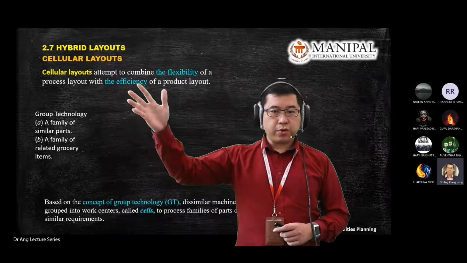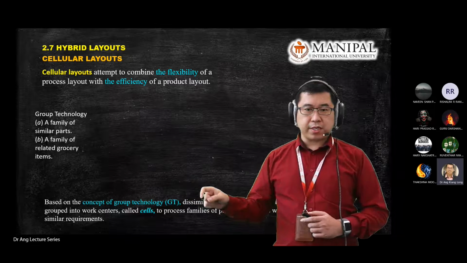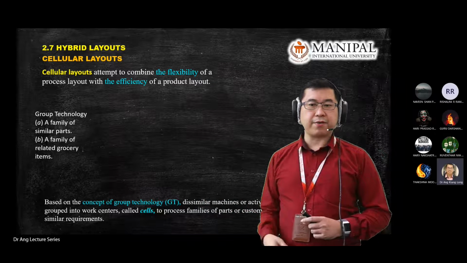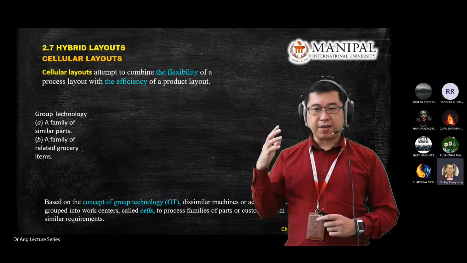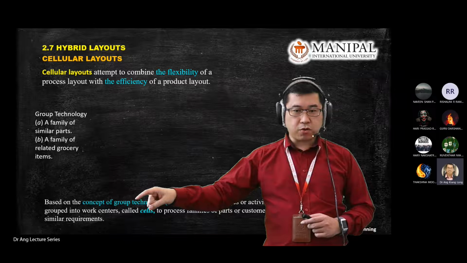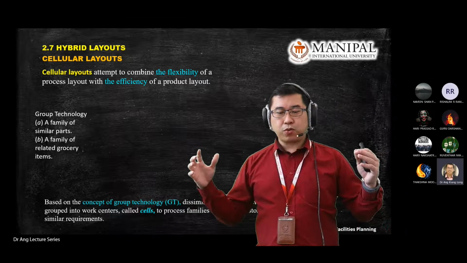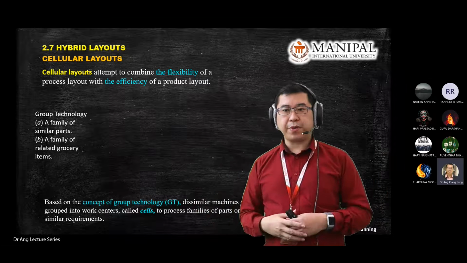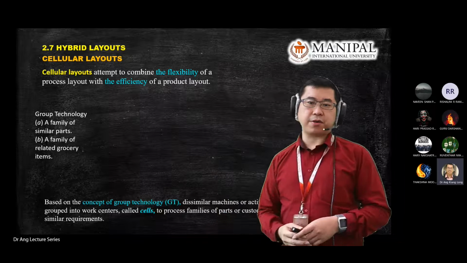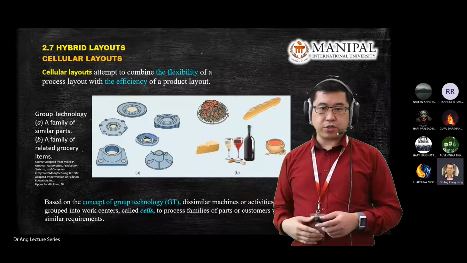To remember what a cellular layout is, we use GT, group technology. Those of you who are good with race cars might think of GTR, right? So GT is group technology. Group technology means you do grouping, like sorting based on function, similarity, and so on. So link cellular layout with group technology, or GT.